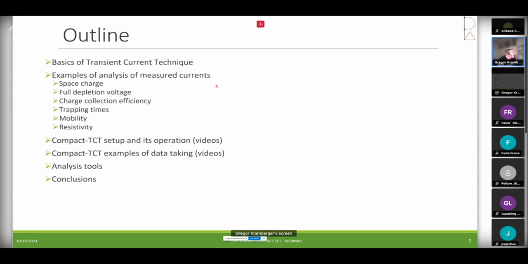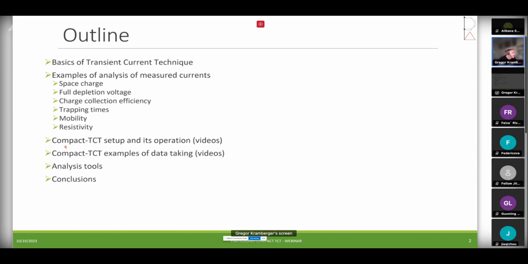So these are all, I would say, educational examples, but don't be led into the conclusion that this is only for educational purposes. If you are doing a material study, these are really very meaningful measurements.